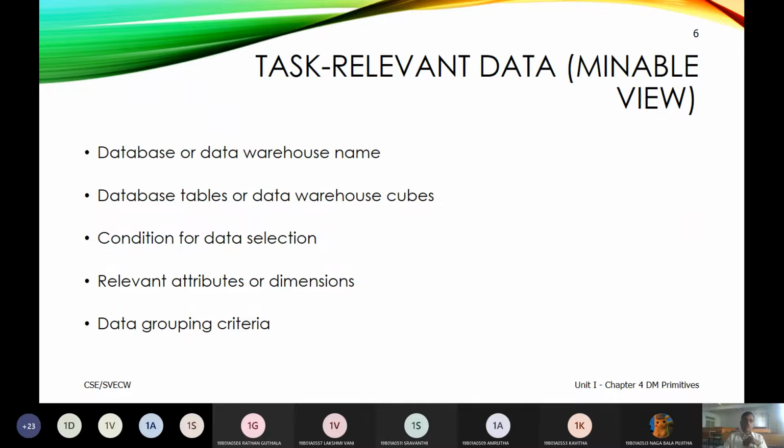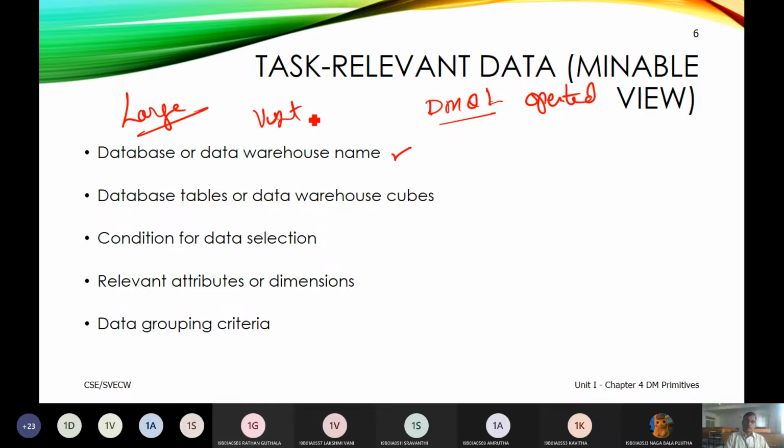Fine. Now, where is this DMQL operated? DMQL will be operated on a large database applicable to some specific content, say a banking sector or a finance sector, and it is going to be a vast repository.